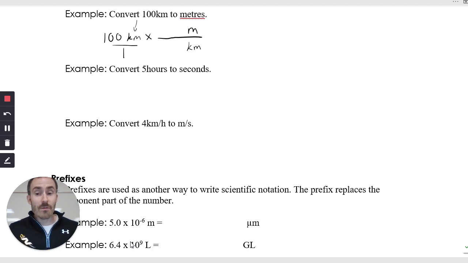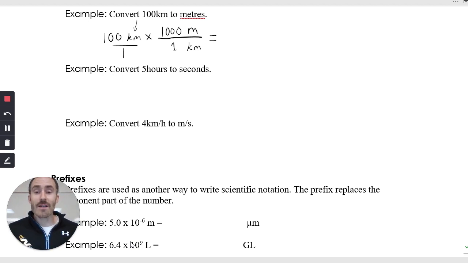This conversion fraction is a ratio of one unit to another. And so in here I would put 1 kilometer is 1,000 meters. Or I could have, if I wanted to, put 1 meter is 0.001 kilometers. I think that's the right number of zeros. Either one works totally fine.